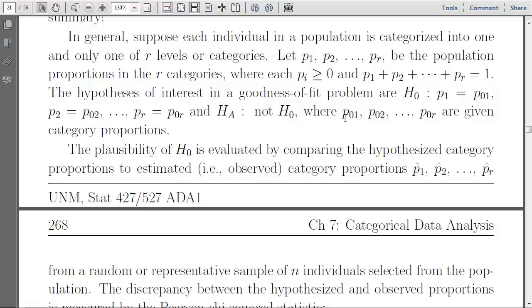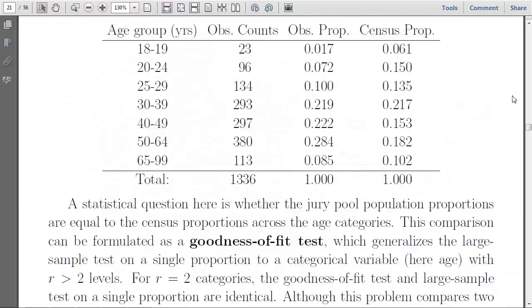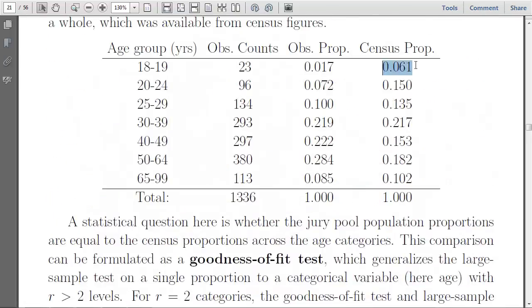And the hypothesis here, the null hypothesis, is that all of the true proportions in our population equal some specified proportion. Okay, so in this case, the proportion of people in the 18 to 19-year-old category equals the number from the census, which, if I scroll up for a second, is 6%.